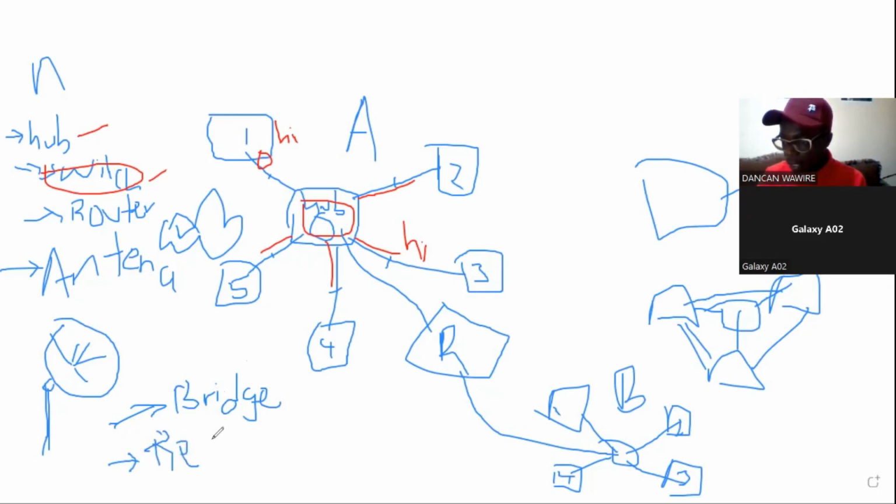This one I doubt you'll ever get to meet physically. Now what they do is just amplify the signal, if it's going weak. Some of these antennas perform that function, and you usually see them outside.